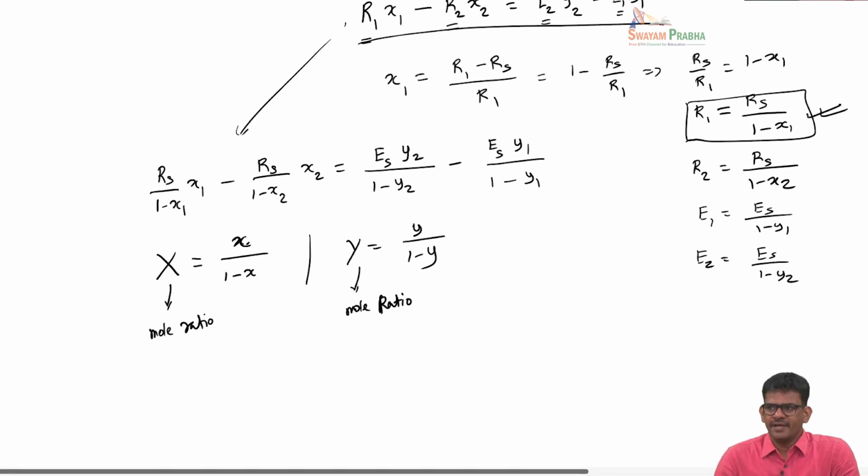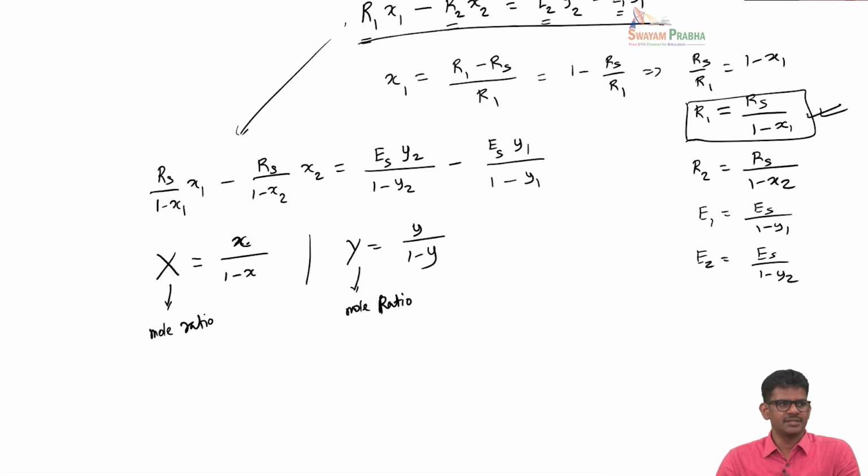So we are basically defining a quantity which is called mole ratio, and we are going to replace this mole fraction with mole ratio. Even though we change this, we can also change the two units interchangeably. Given small x, you can convert into capital X, or given capital X, you can convert to small x by this simple relation. Okay, so small x is mole fraction, capital X is mole ratio, and similarly for small y and capital Y.